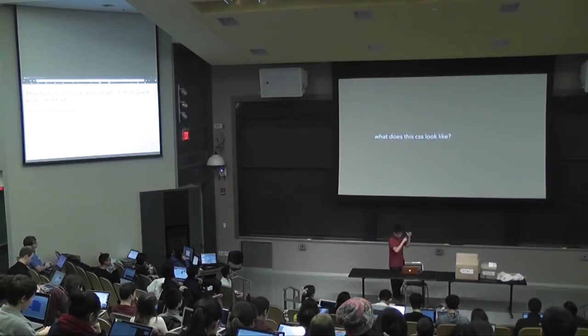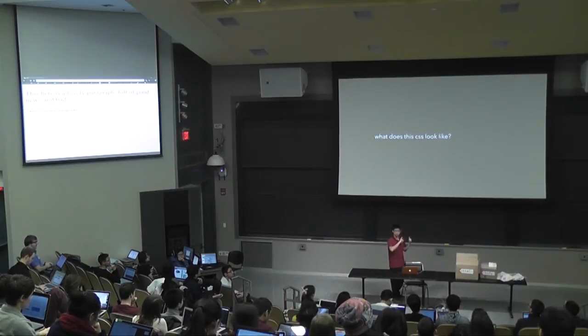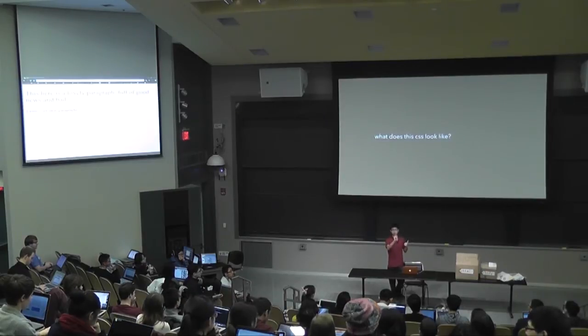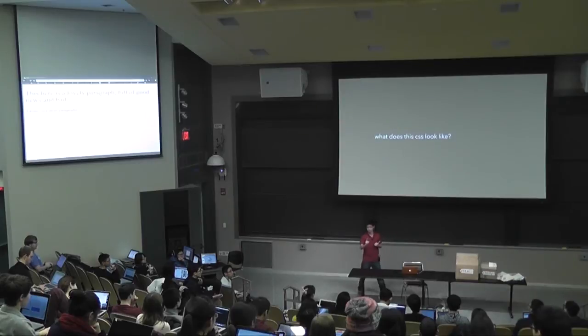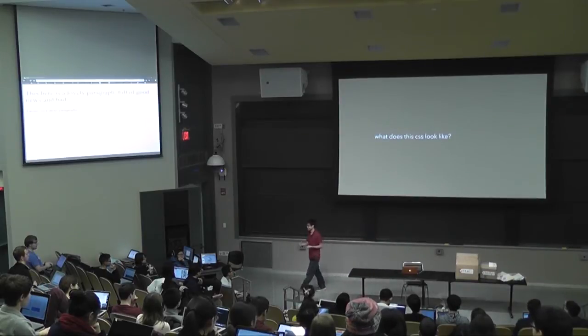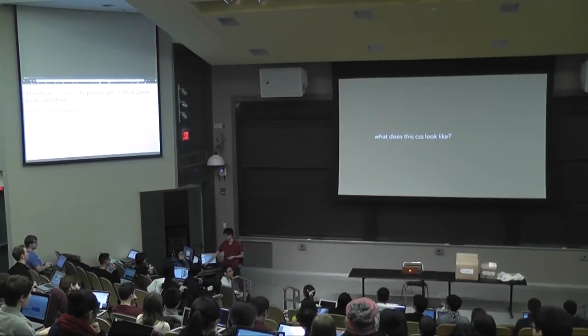So what does that CSS look like? Actually, does anyone remember what that CSS looked like? Can anyone name all the rules that were on there before? Okay, can anyone name all the rules in one sitting? I'm saying this for a reason. Does anyone think they can name all the rules in one sitting? Anyone want to try?